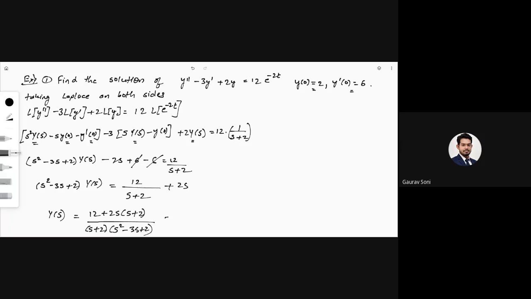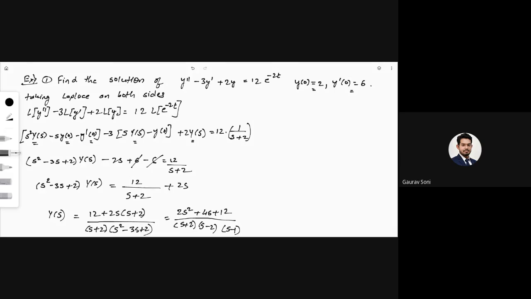Which can be further simplified as 2s square plus 4s plus 12 upon s plus 2, s minus 2. The last one will be s minus 1. Is everyone clear up to this?